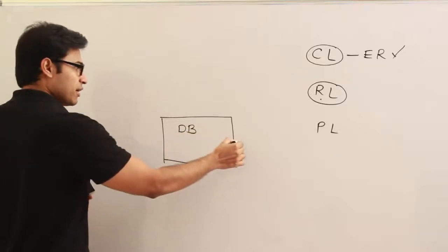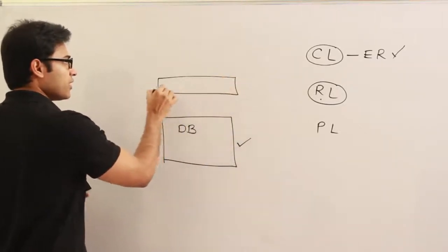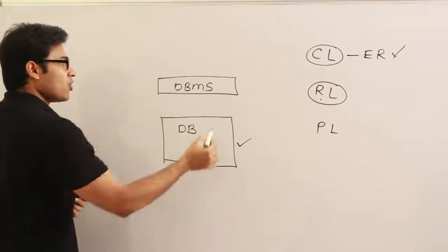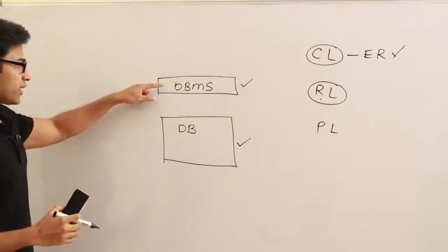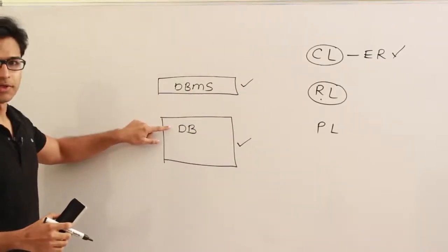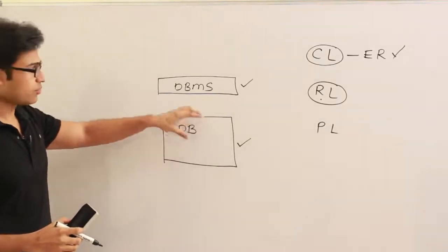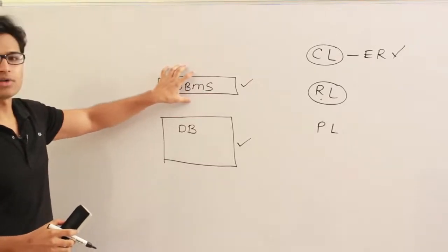Now depending on the type of database, you are going to use the software, the database management system. And every database management system, every software cannot access every data possible. Depending on the model which you have used in the database, you are supposed to choose the software. And who will provide you software?